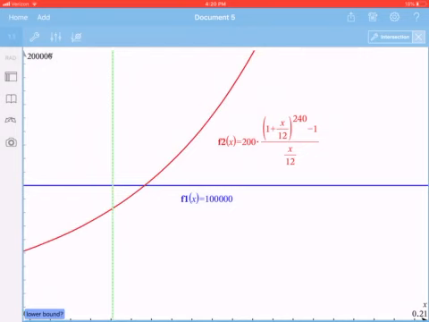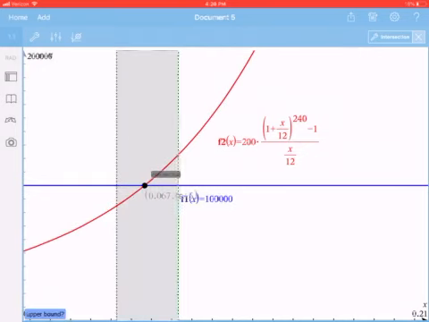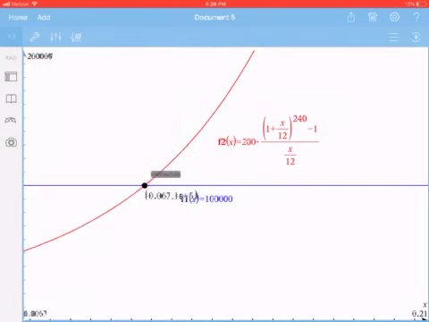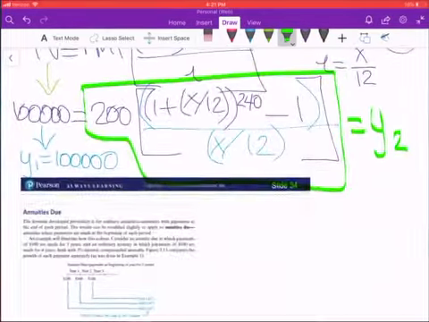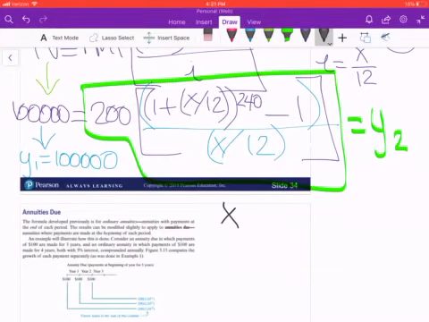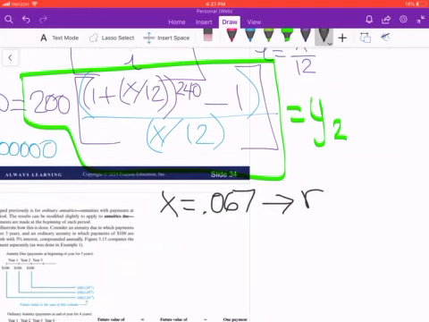So for mine, I have to find the lower bound and the upper bound, the left and right side limits. And so I get that right here. So the X value is 0.067. Remember, we were using that to represent R. So we could say that as a percentage, this will be 6.7%, and that is the answer.